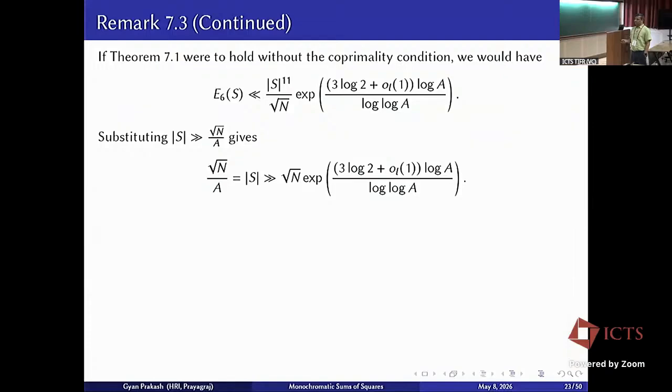So that will essentially tell you that square root n by a is greater than square root n into this, which means that 1 by a is greater than this function, which for a sufficiently large is not true, as you can verify. So for this particular set, this upper bound for the additive energy cannot hold.